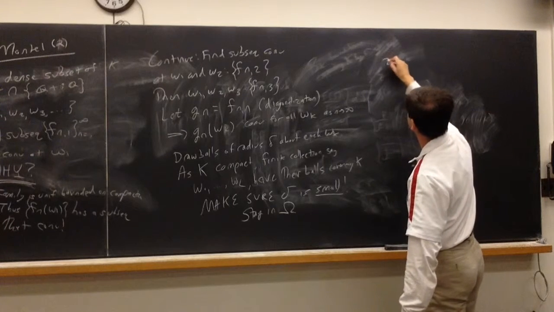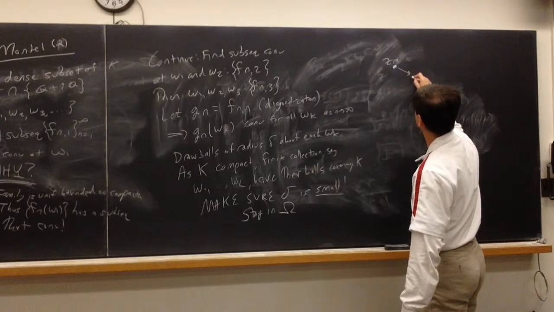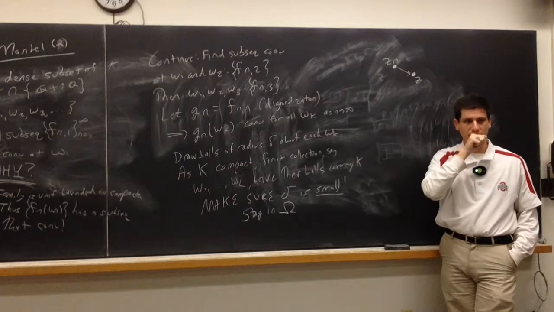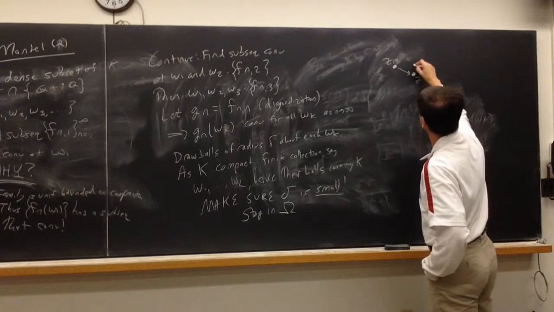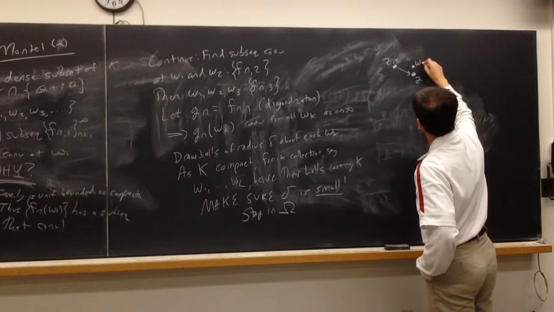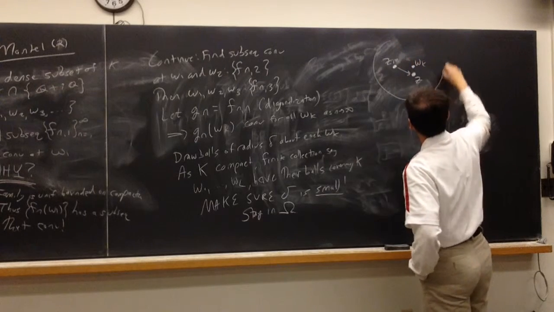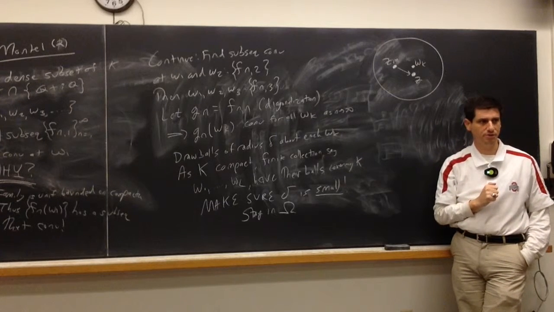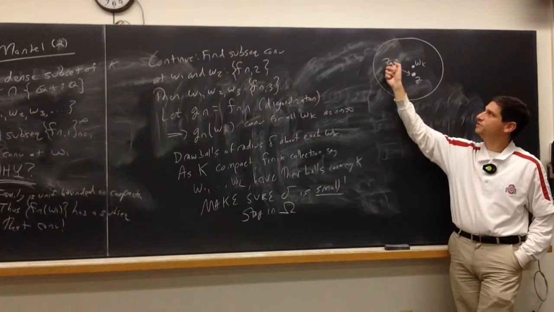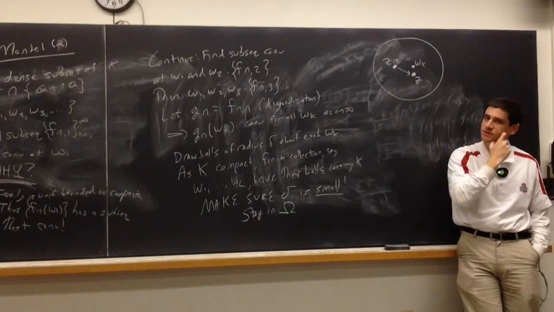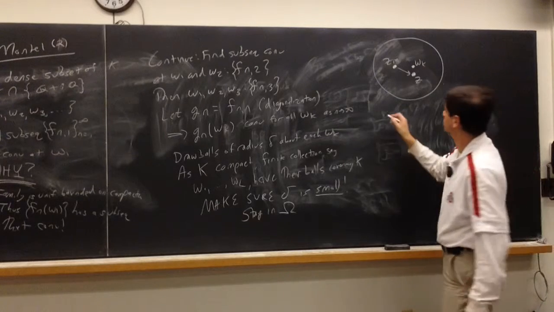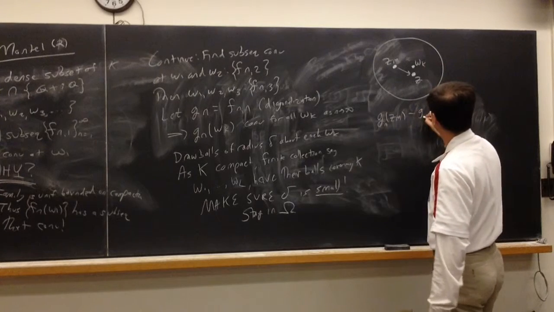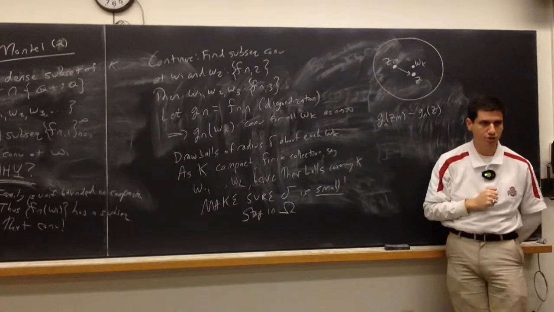So maybe we have a sequence of points Zm converging to Z. And those Zm are in W, and these will all eventually be in W. So there'll be some WK here. And eventually all the points Zm will be in W. And we want to show that G of Zm converges to G of Z as Zm converges to Z. So we would want to look at Gn of Zm minus Gn of Z, and we want to show that this goes to 0.